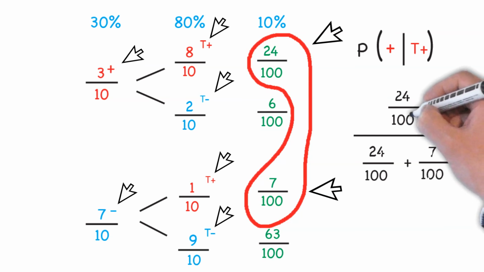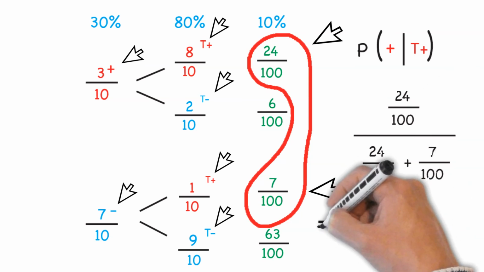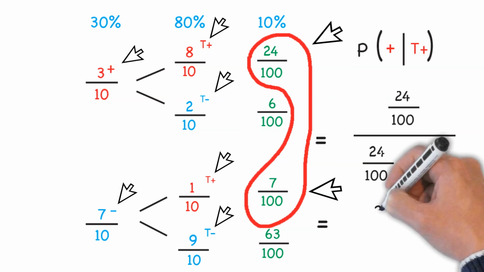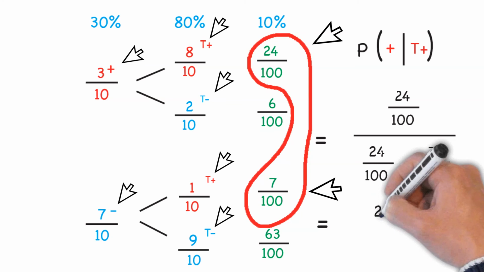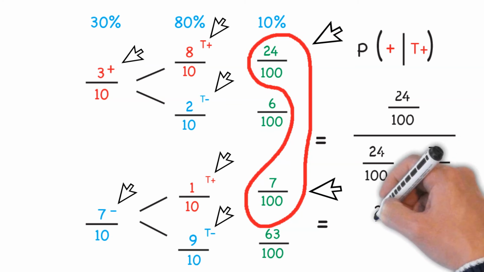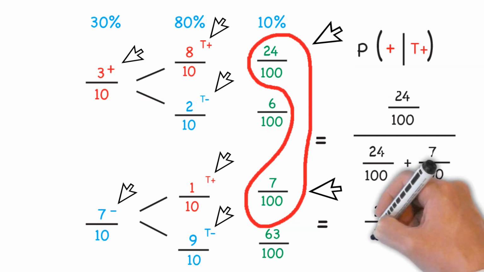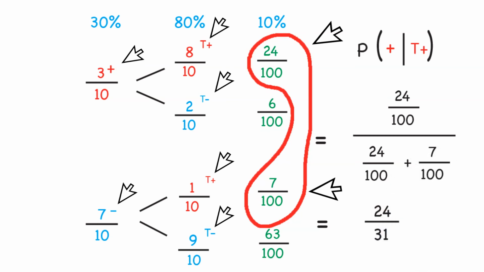So therefore, our probability is the proportion, again, of this nature. And we can see from what we learned earlier about fractions, 24 over 100 plus 7 over 100 is 31 over 100. And this one is 24 over 100 over 31 over 100. So that will come out to be 24 over 31.